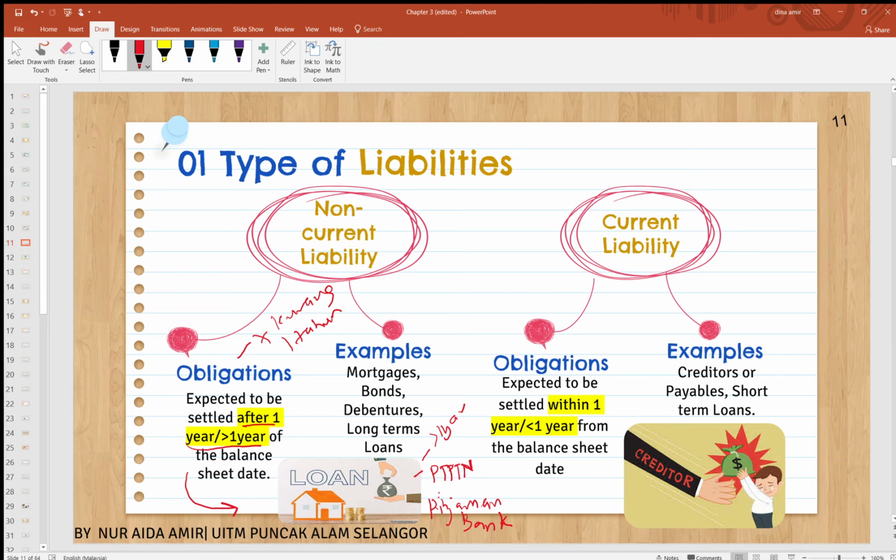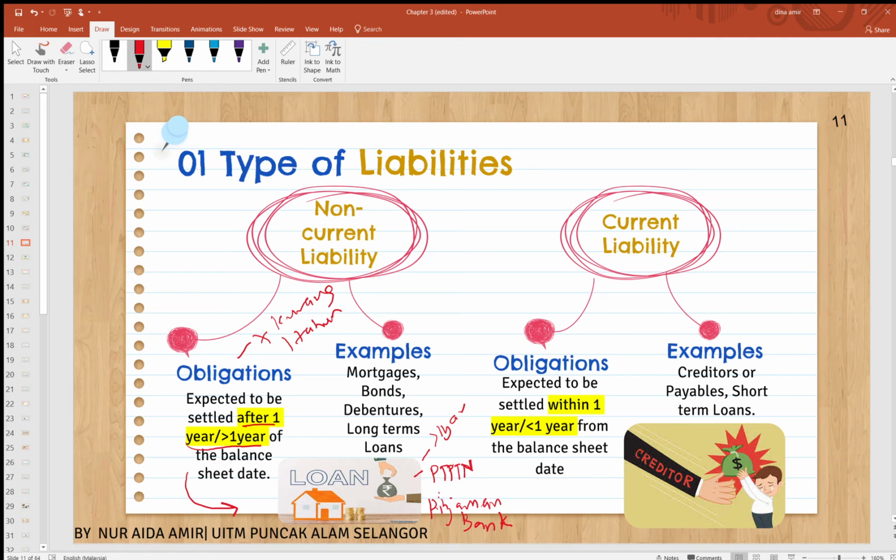So, that means non-current liabilities ni tanggungan yang you tanggung dalam jangka masa yang panjang. Tapi duit yang PTPTN bagi tu untuk kesenangan you masa belajar dalam masa 3 tahun tu. Tak payah you nak bekerja masa belajar.